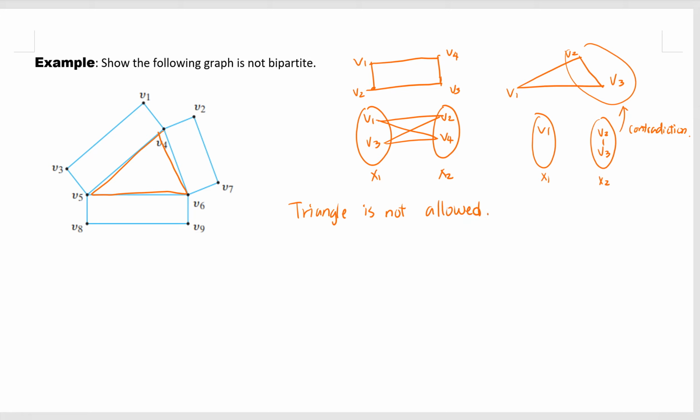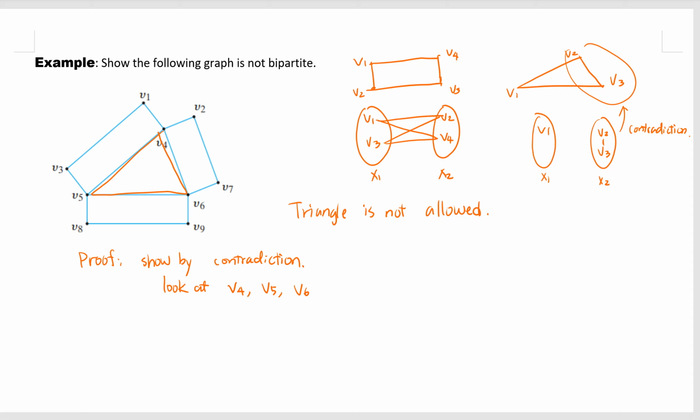And if you want to write down a formal proof, this is the formal proof. We want to show it by contradiction. We're going to look at that triangle, V4, V5, V6.